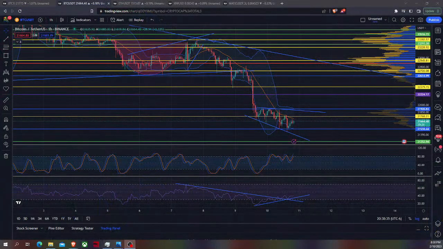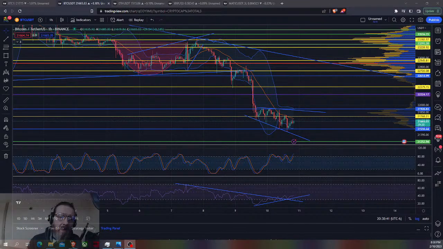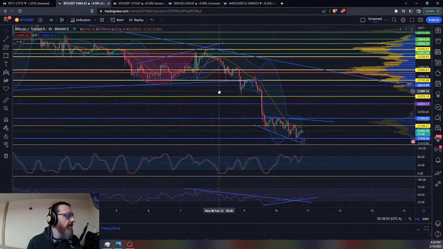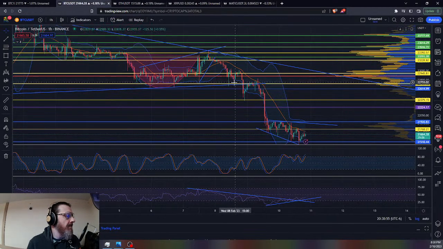I'm going to jump on into Bitcoin. And we got honked, folks. So I was looking for this cup and handle to play out here. We did see a rejection from this downtrend line.